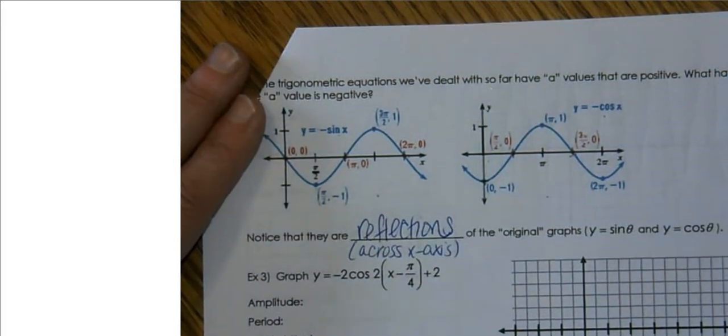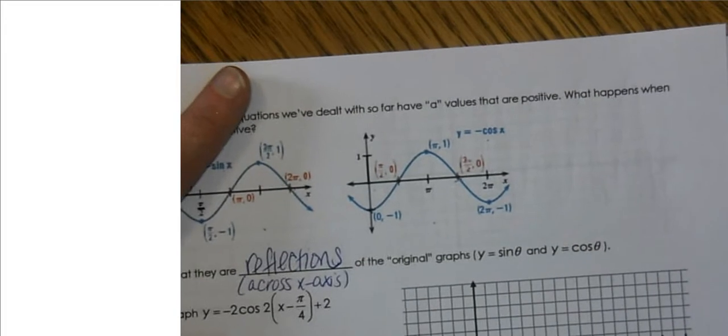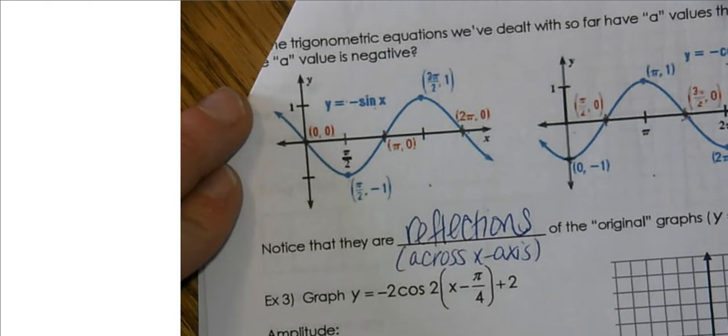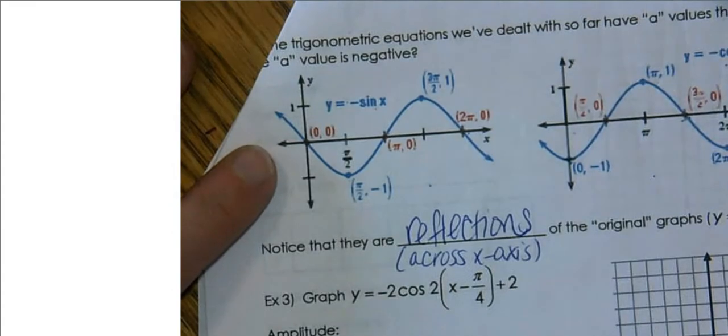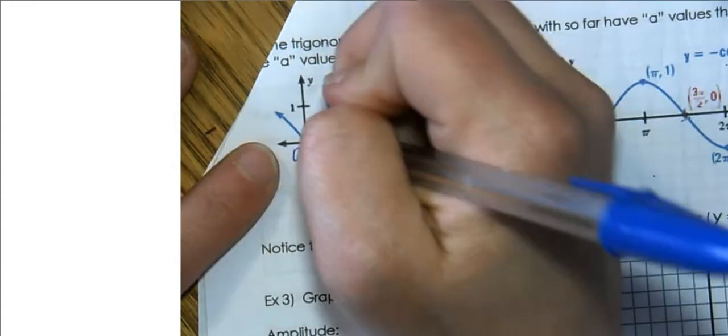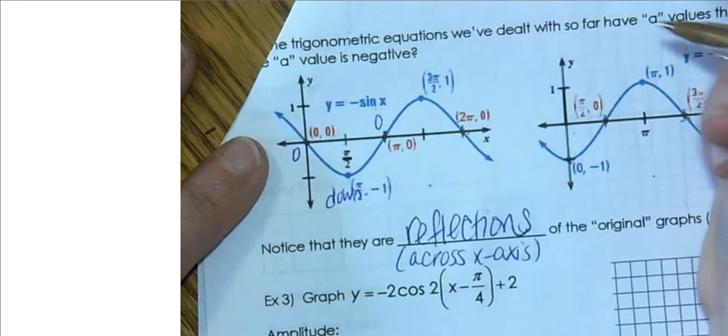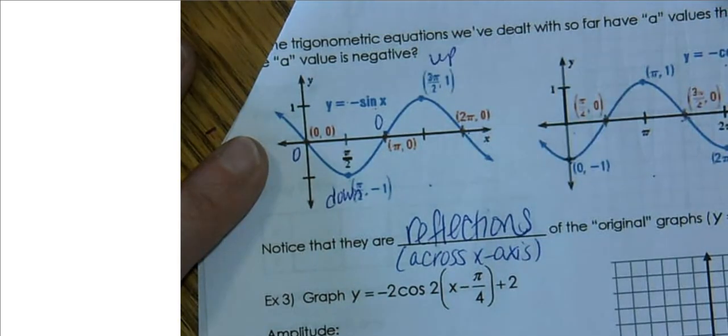So what I'm going to write down for you is, in words, what the changes are when you have a negative a value. Notice with sine, we're still starting at 0, 0, but instead of going up, when you have a negative a value, you go down to your negative a value, and then back to 0, then up to your positive a value, and then back to 0.